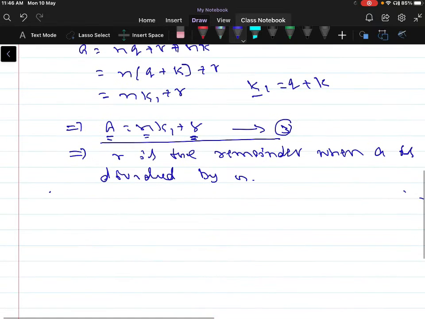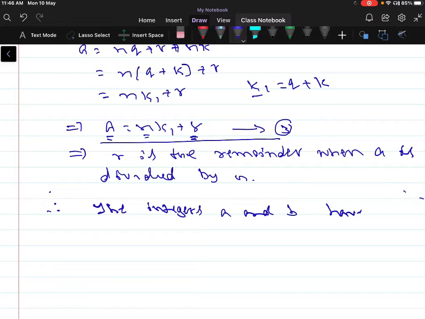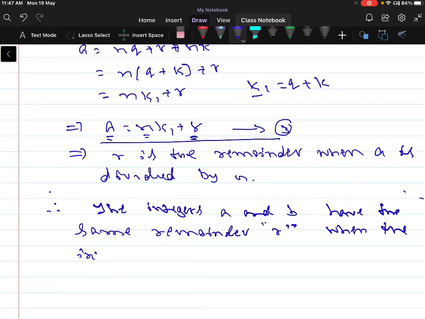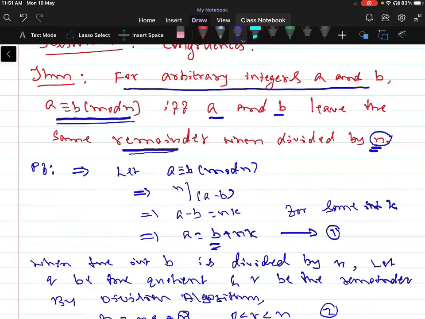Therefore, we can conclude that the integers a and b have the same remainder r when divided by n.